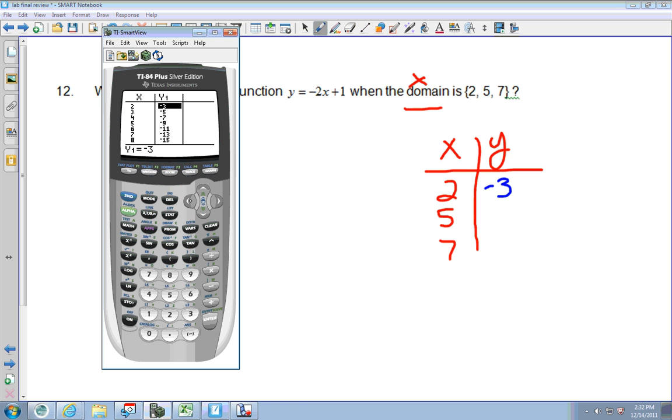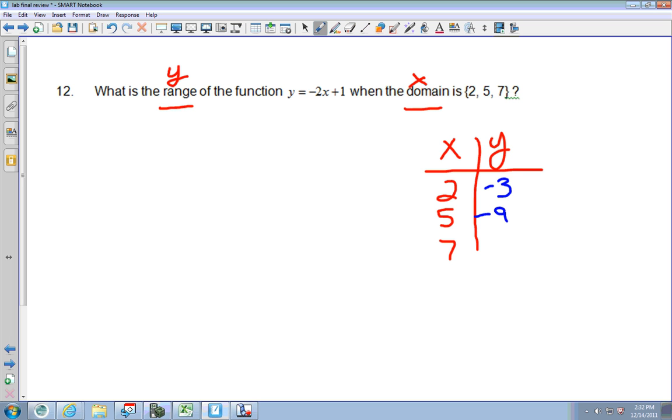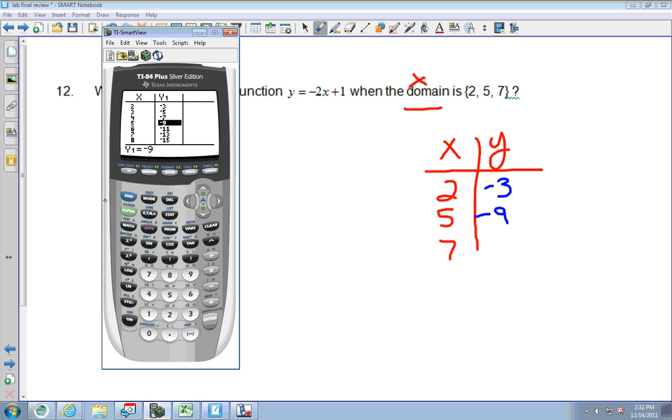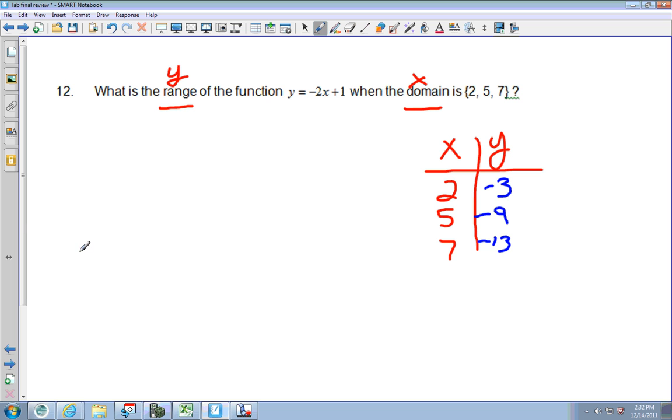And then when x is 5, y is negative 9. When x is 7, y is negative 13. So my range, you'll write r equals, and you use the set notation, negative 3, negative 9, negative 13.